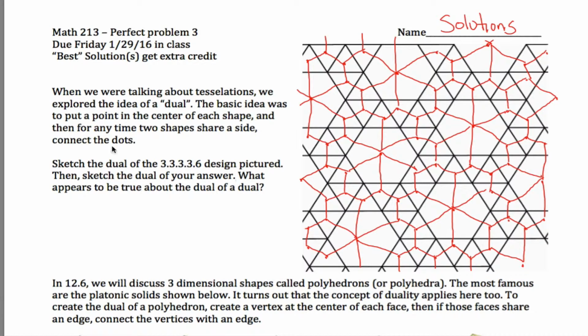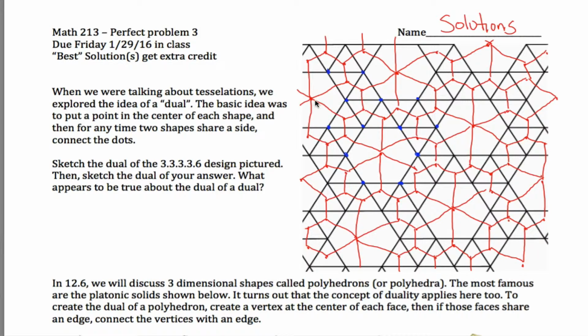And we can show that if we take all these shapes and put dots in their centers. And it can be a little bit hard to put dots in their centers because we end up with some shapes that are irregular. But for example, in the center of all these guys, I could put these little dots. In the center of all these guys, I could put these dots, and so on. And what ends up happening if you connect dots that share, so this dot and this dot should get connected, right?